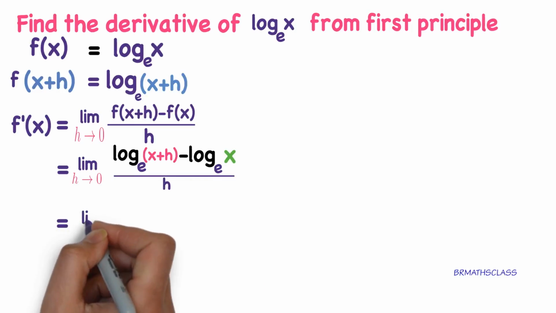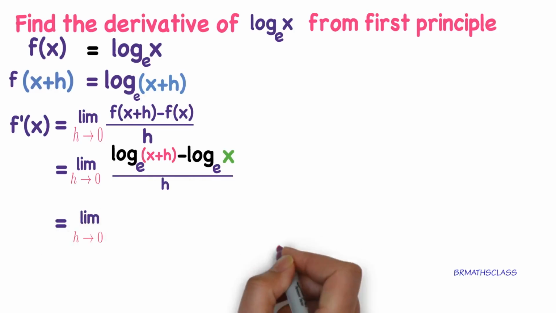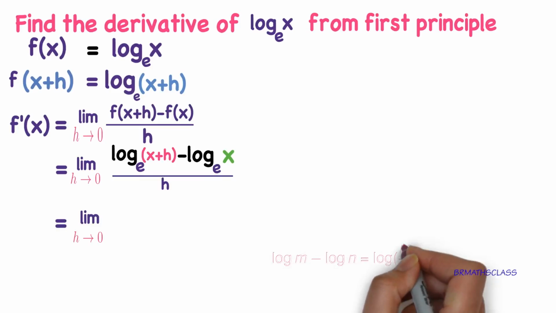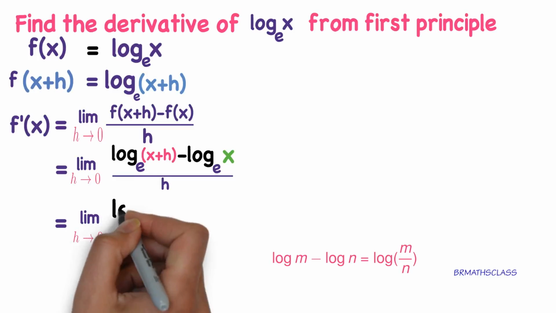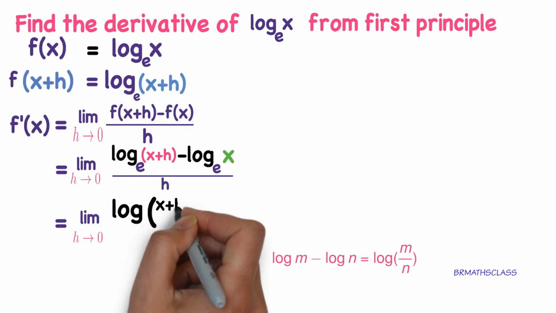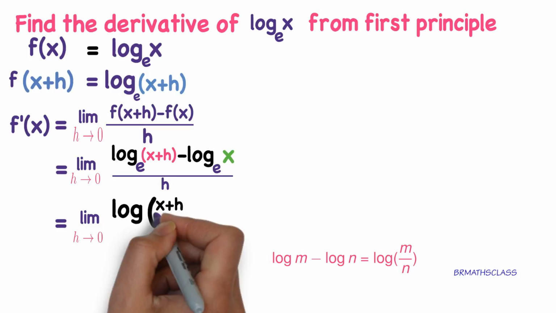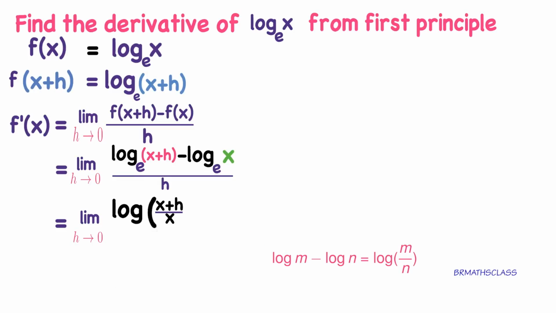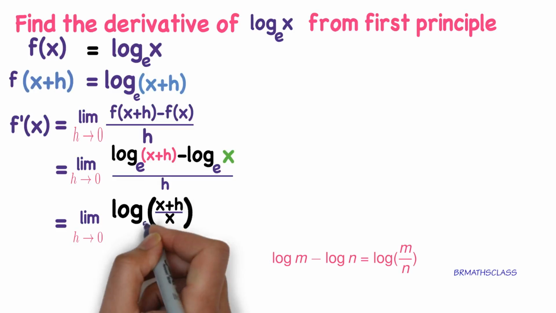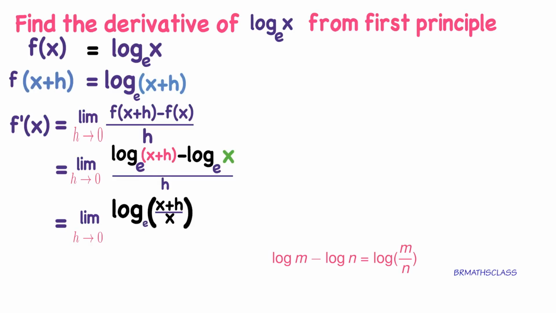Limit h tends to 0. Now we know this formula from the logarithm chapter: log m minus log n is logarithm of m divided by n. Here m is x plus h and n is x, base e, whole divided by h.